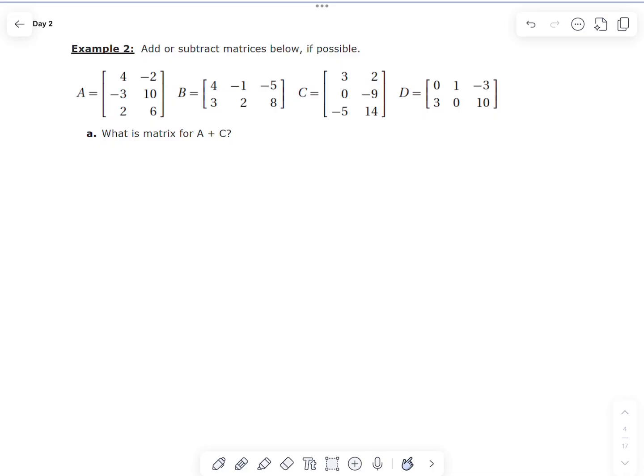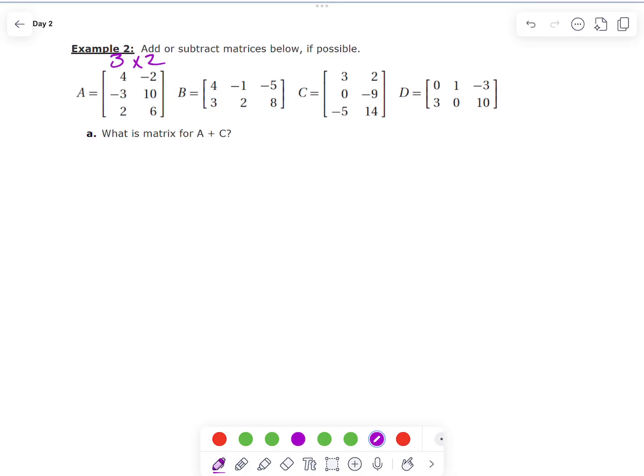Example 2 now says, add or subtract the matrix below if possible. So we have 4 matrices, and we want to see, can we add A and C together? So again, let's go ahead and identify the matrix dimensions first. So matrix A is 3 rows by 2 columns.